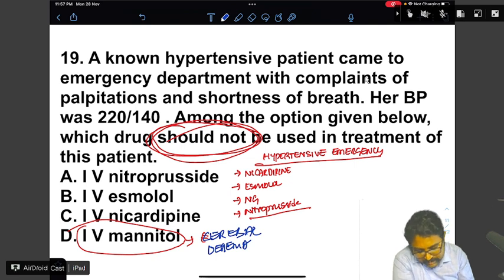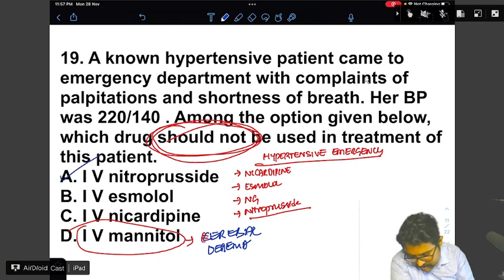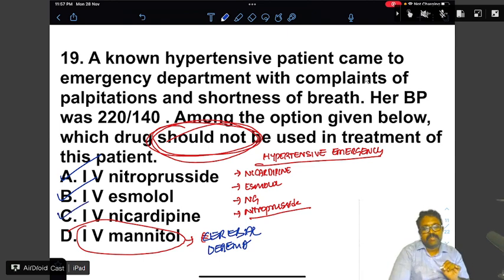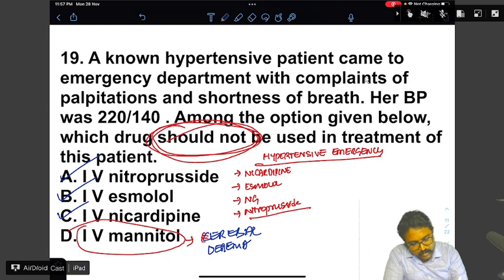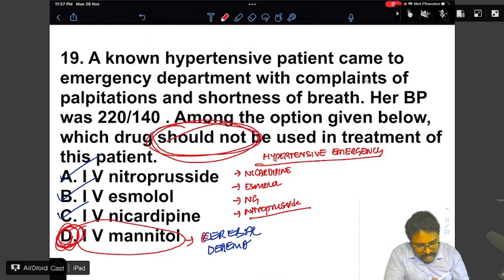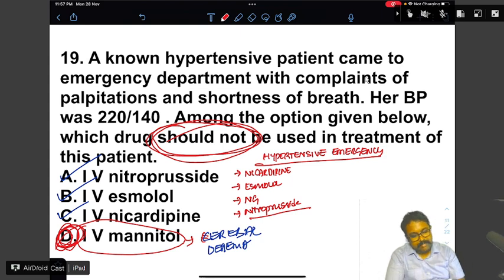So you can find out that esmolol and nicardipine are used in hypertensive emergency. The option left out is D, which is the answer for this question. So this cannot be used for the treatment of hypertensive emergency. Mannitol is used to reduce cerebral edema.